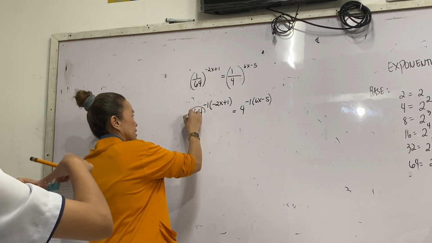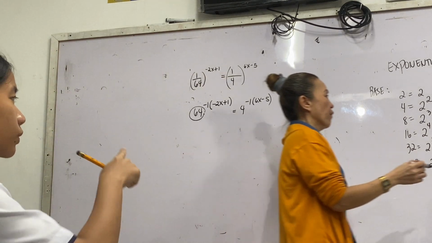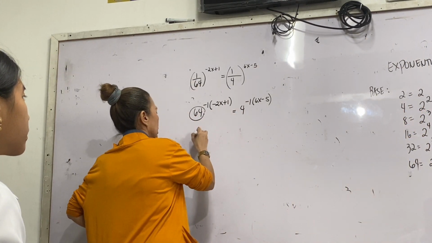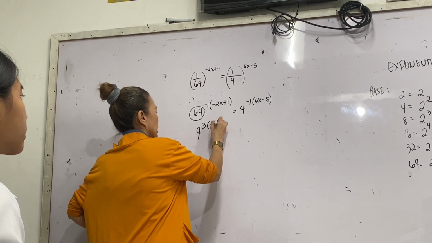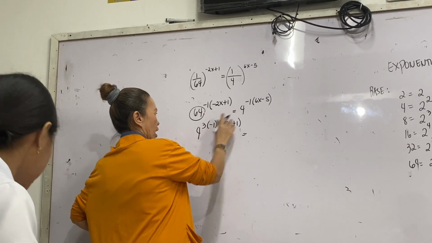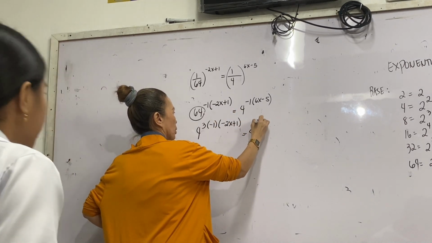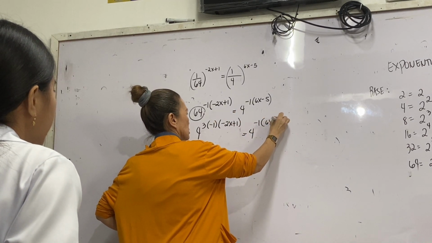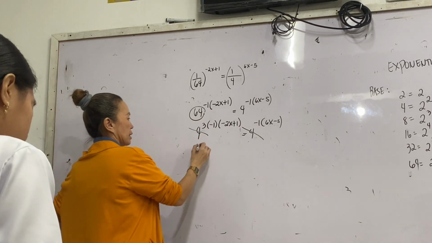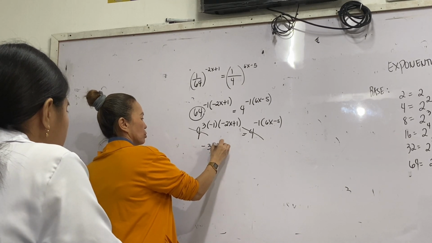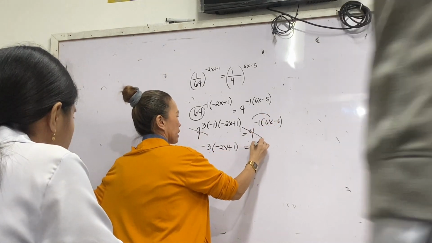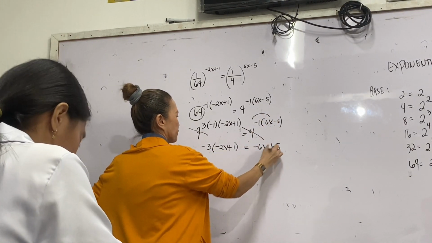So sa base 4, 64 is what? 4 raised to 3. So we have 4 raised to 3 times negative 1 times negative 2x plus 1. Since ito ay 4 na, copy na lang po. So cancel out natin yung base 4. So we have negative 3 times 2x plus 1 is equal to negative 6x plus 5.